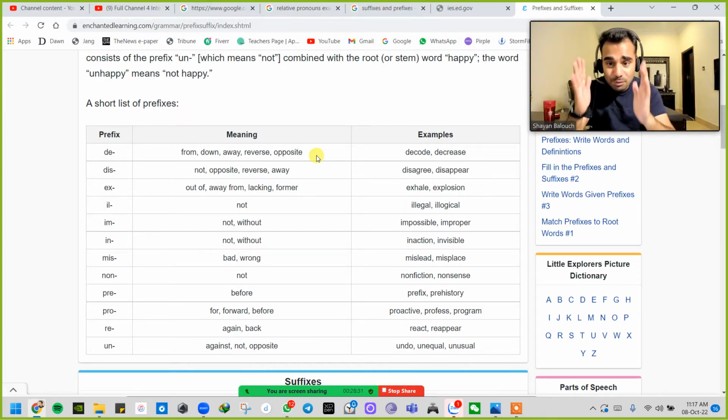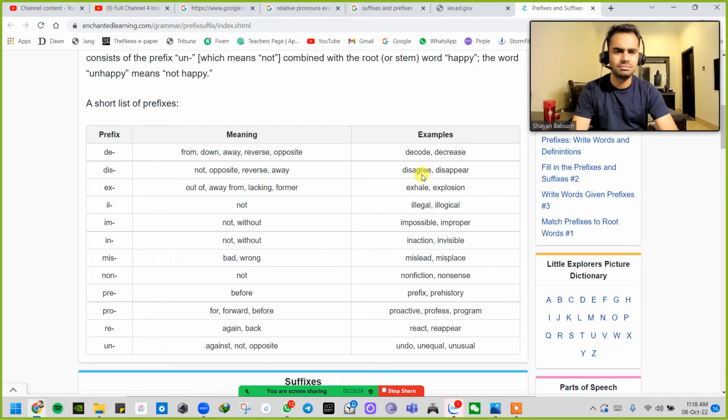You don't need to memorize all of them, maybe some of them along with their examples. For example, decode, decoding a message, or decrease. Another one, for example, dislike, which means not, opposite, reverse, away.